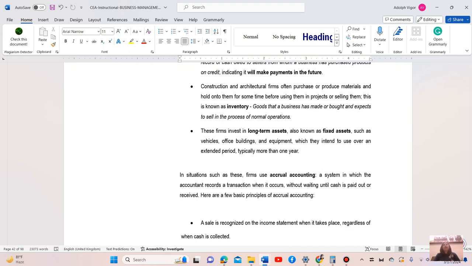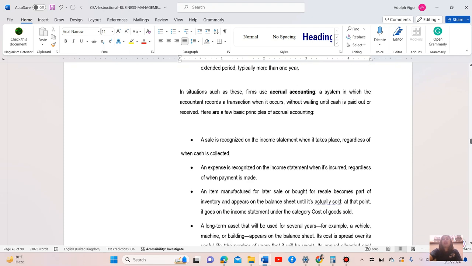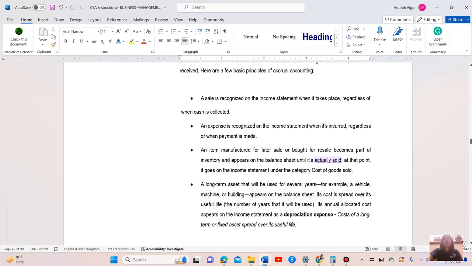But this equipment has an end to its useful life, so there is depreciation, which I will discuss later. In situations such as this, firms use accrual accounting, a system in which the accountant records a transaction when it occurs without waiting until cash is paid out or received. Here are some basic principles for accrual accounting.